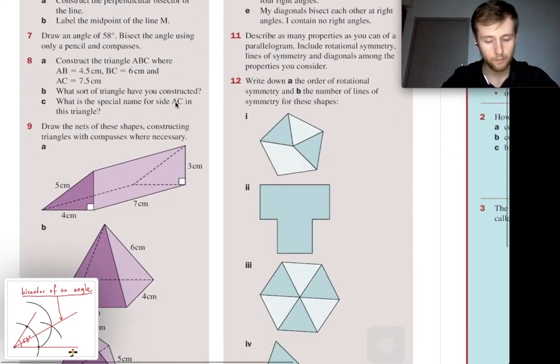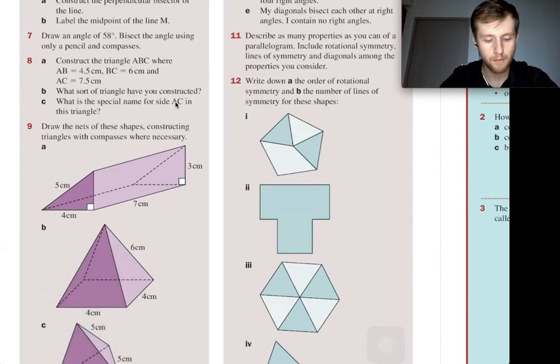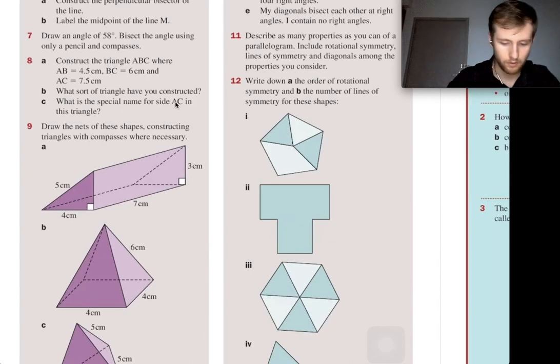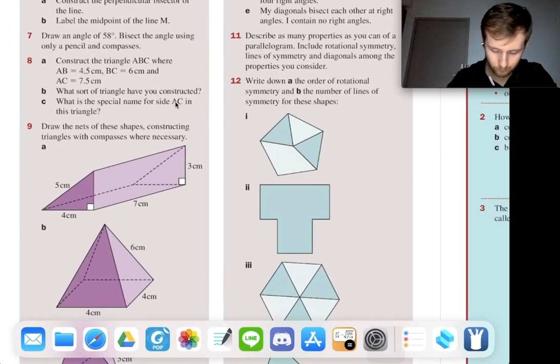What else do we have? Construct the triangle ABC, where AB is 4.5, BC is 6, and AC is 7.5 centimeters. Well, let's do this. I'm going to take a screenshot. So number 8.